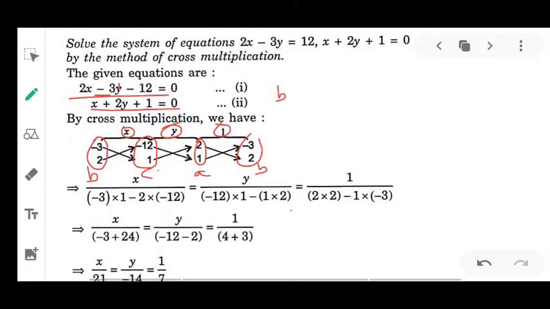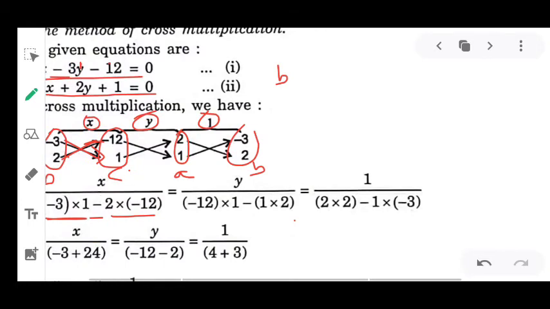Now x by minus 3 into 1 minus 2 into minus 12, equals y by minus 12 into 1 minus 1 into 2.